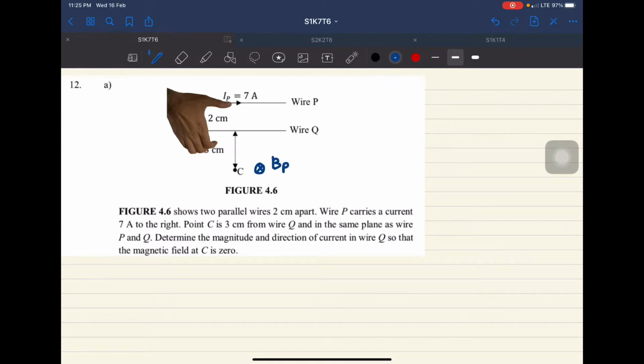So obviously if I want to find the magnetic field so that it is 0 at point C, I need to have another magnetic field going out of the page.